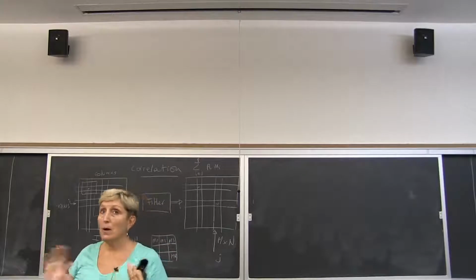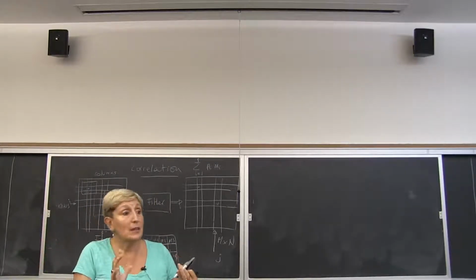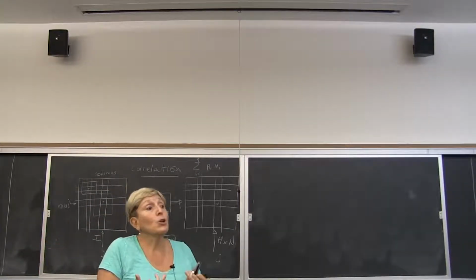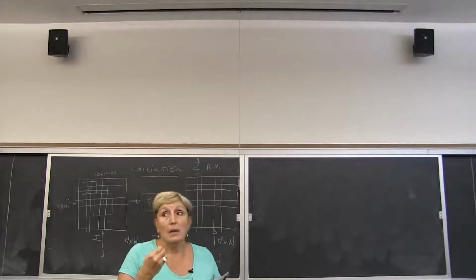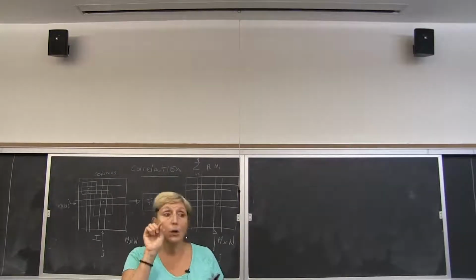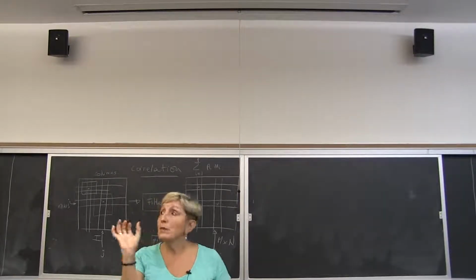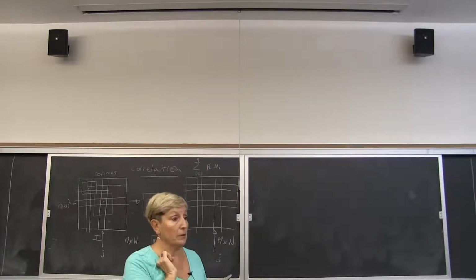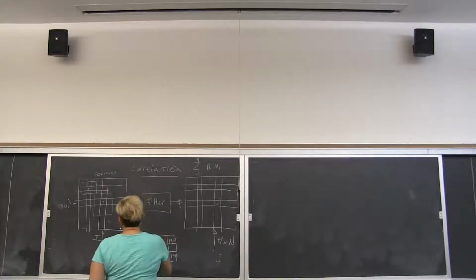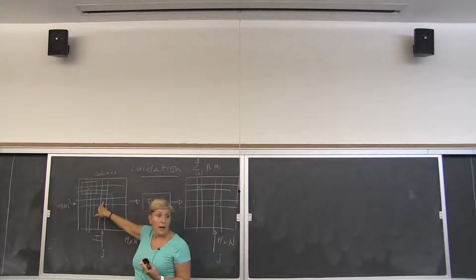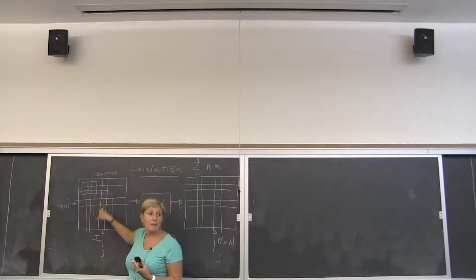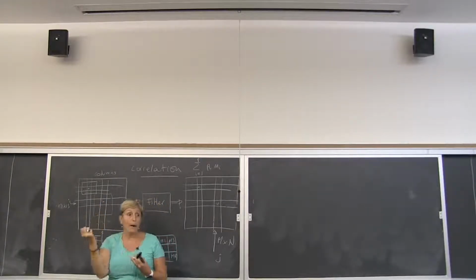Because I'm not really using the actual location of the pixel, I'm using the values in that neighborhood. So I'm not using that this is row i and column j. I'm just using the 9 values I have here to combine and give back.